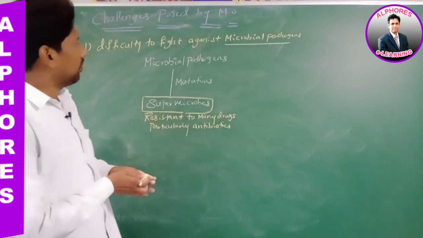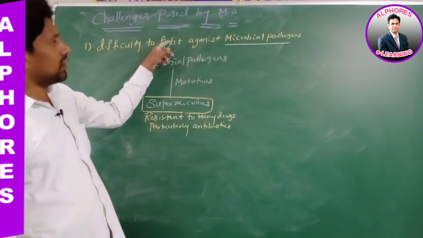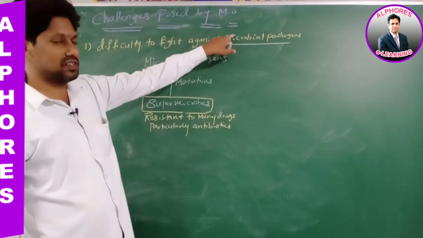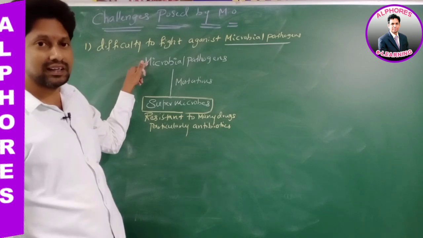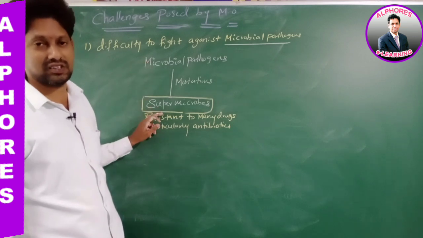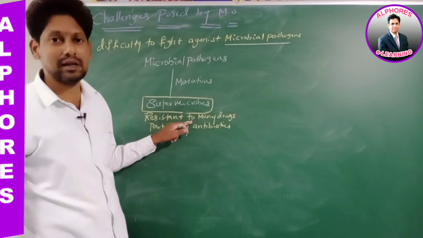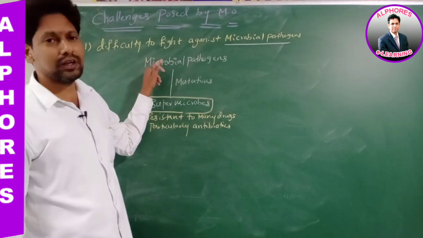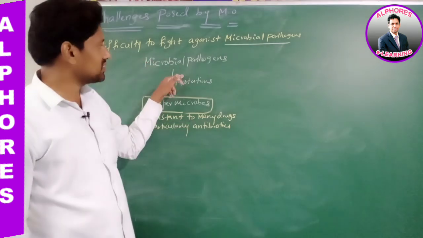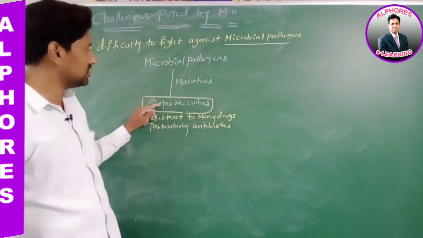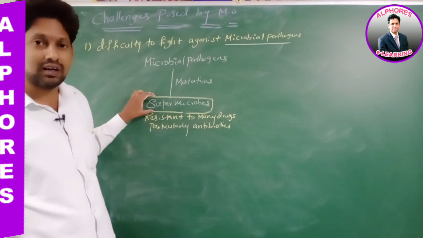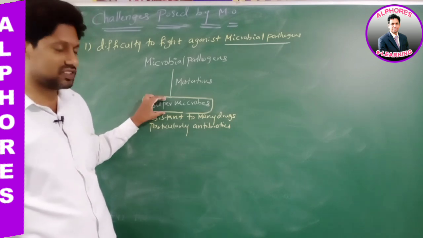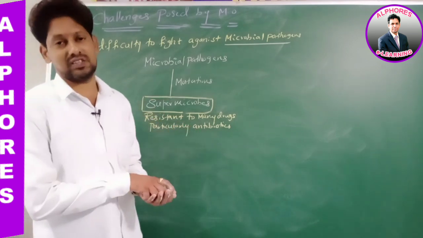Therefore, difficulty to fight against microbial pathogens. Microbial pathogens, day by day, are getting resistance against drugs, particularly antibiotics. How, sir? They are undergoing mutations. Due to mutations, these microbial pathogens change into super microbes. What are super microbes? These are resistant to many drugs, particularly antibiotics.